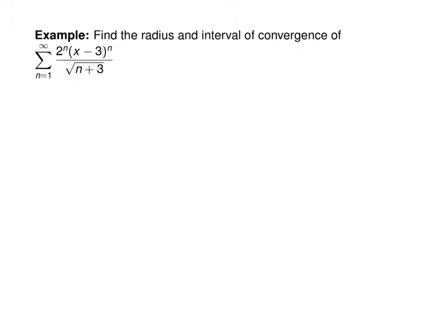All right, one more. Find the radius and interval of convergence of this series. So once again, ratio test. Take the limit as n goes to infinity of the absolute value of a_(n+1) over a_n.